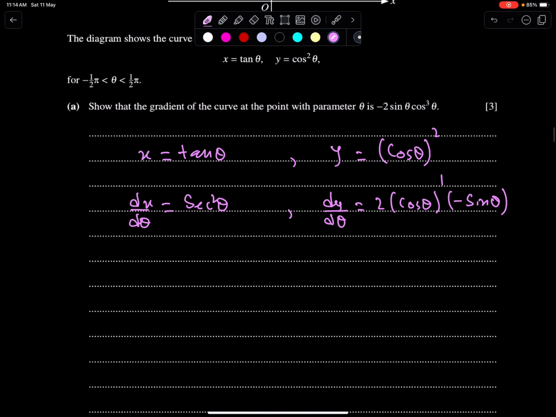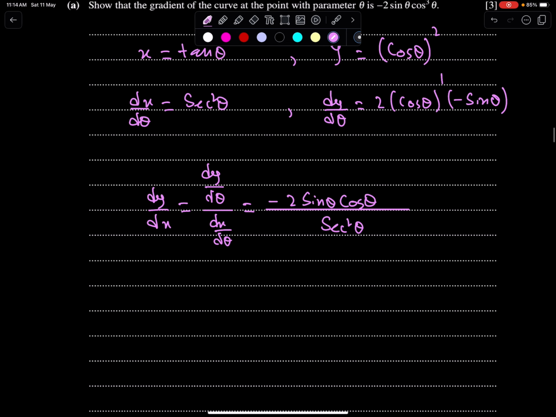Now first write the formula of the gradient of parametric: dy upon d theta in numerator and dx upon d theta in denominator. So we have minus 2 sin theta times cos theta in numerator, and sec square theta in denominator.